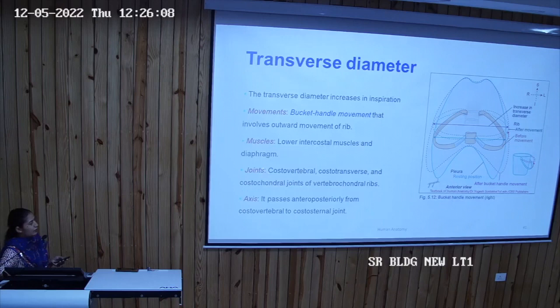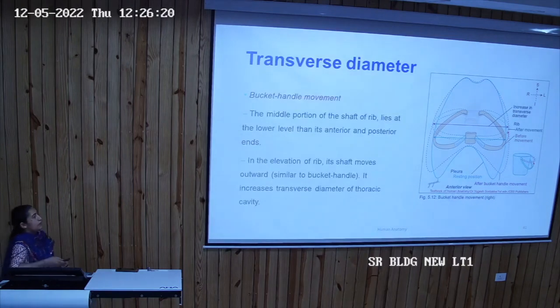The joints involved are the costovertebral, costotransverse and costochondral joints. The axis of movement passes antero-posteriorly from the costovertebral to the costosternal. So costovertebral is this area, costochondral is this area, costosternal is this area. This axis will be passing antero-posteriorly.